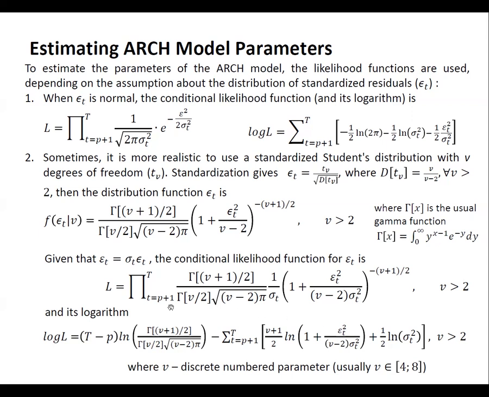We take the logarithm of the left and right sides, and here we have the conditional likelihood function, in which the last term depends on the variance and the residuals of the ARMA model. Here is the ARCH variance, here is the ARMA, and here is the first term. It depends only on the parameter of the Student's distribution. Usually it is from 4 to 8.